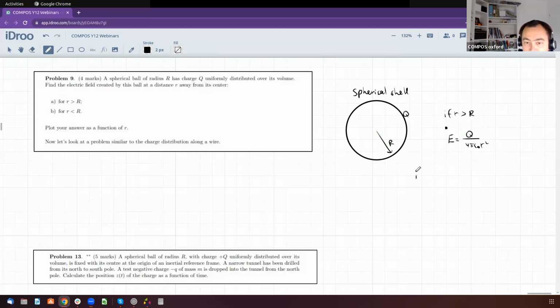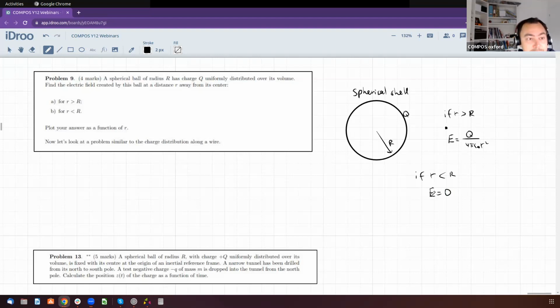And if r is less than R, if you're inside the spherical shell, the electric field is 0.